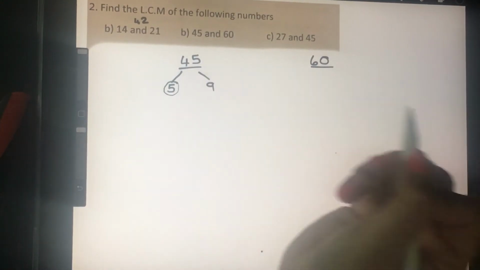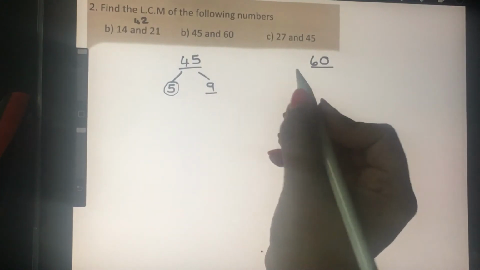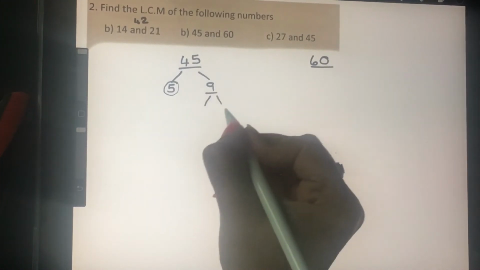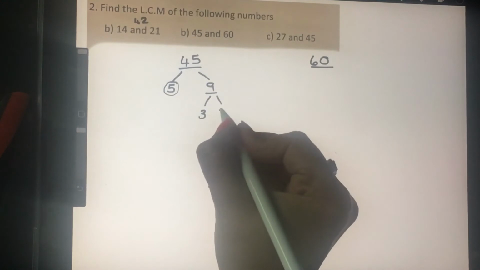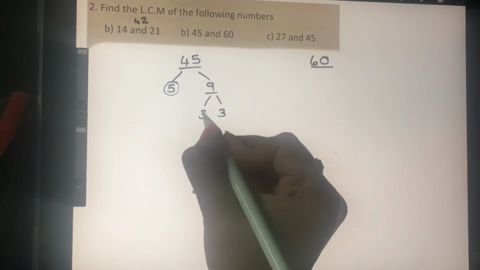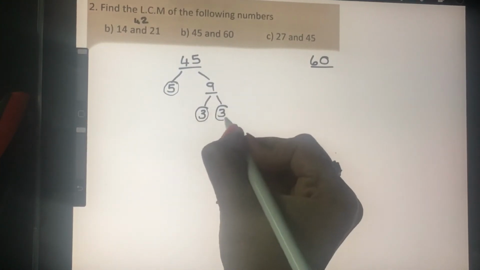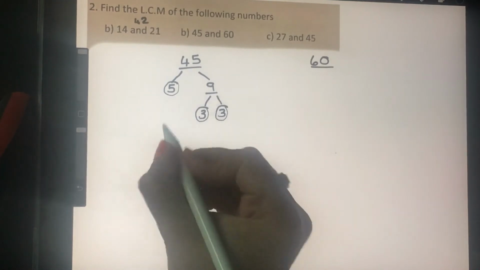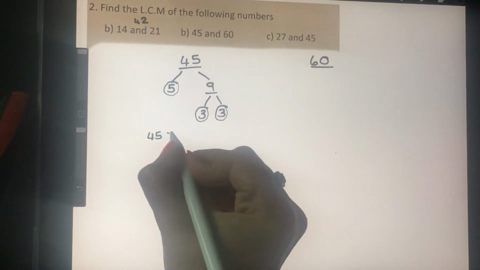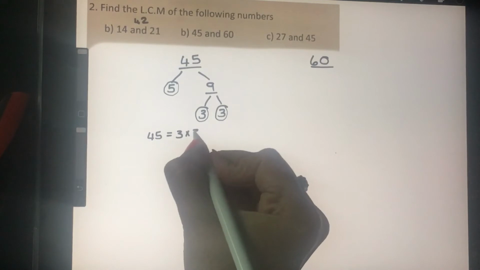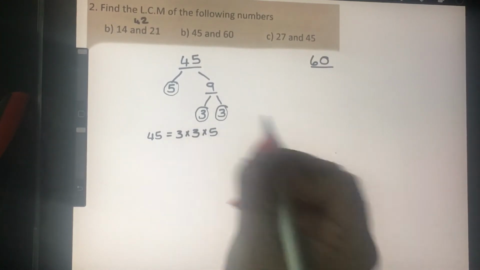So 5 is a prime number. So I'm going to have to break up 9 further. 9 divided into two pieces of 3 times 3, where 3 is a prime number. So I can write 45 is equal to 3 times 3 times 5.